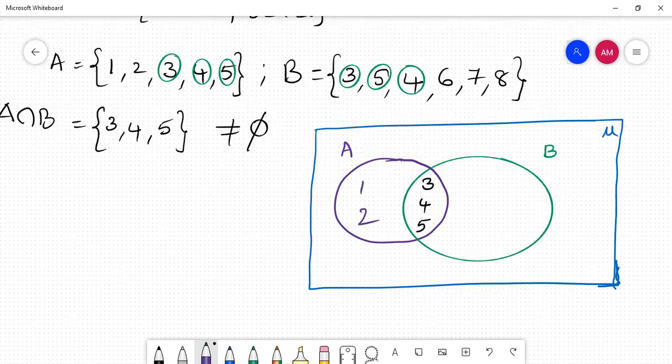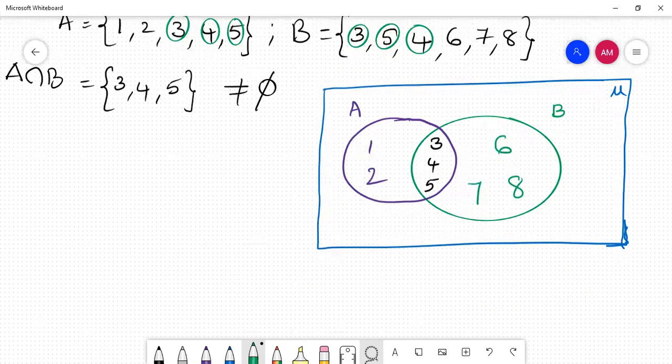In B, totally we have 3, 4, 5, 6, 7, 8. How many elements? 6 elements. Out of 6 elements, we got 3, 4, 5, 3 elements. So what are the remaining elements? We write the remaining elements in the B minus A part. So 6, 7, 8. That's all. This is the Venn diagram.